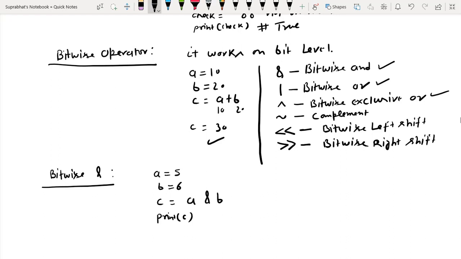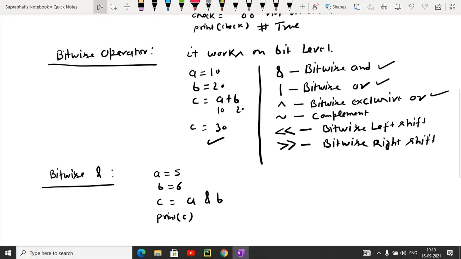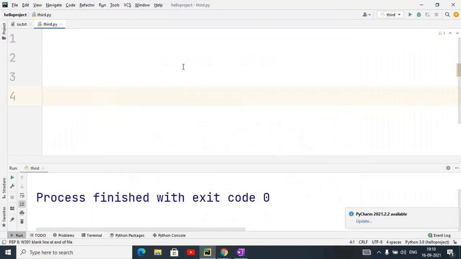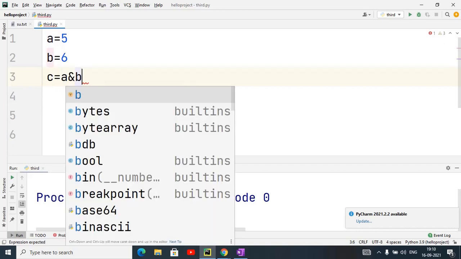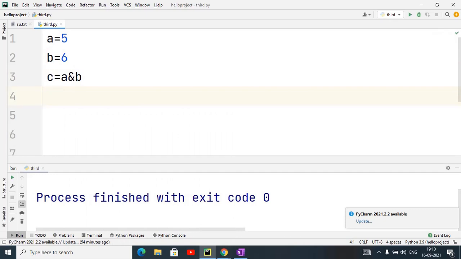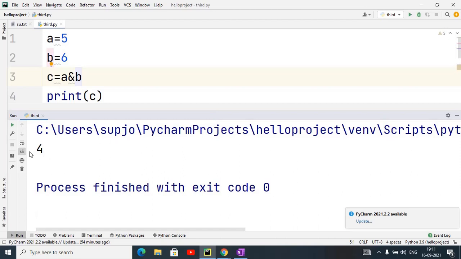Let's go to PyCharm, then I will explain how it comes. I have taken a equals 5 and b equals 6, then c equals a and b, then print c. When I run this, the output is 4. Everyone see the output? This is 4.